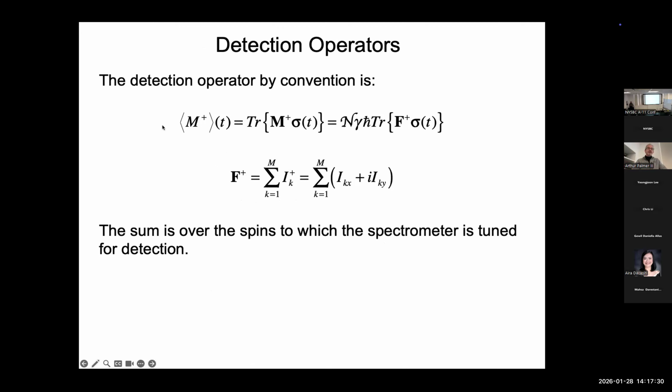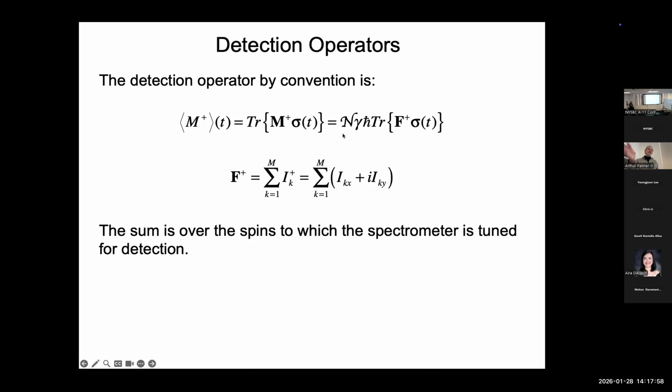So by convention, we've decided to detect M plus. We could have decided to detect M minus, but somewhere in the dawn of time, somebody decided we should detect M plus. So to find out what M plus is, we have to take the trace of M plus with our density operator.